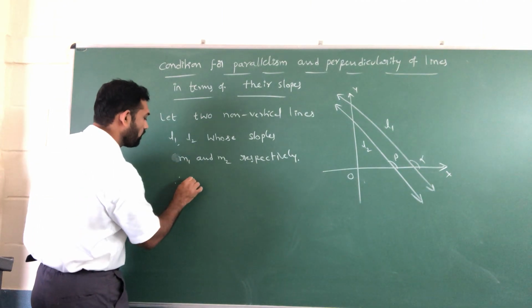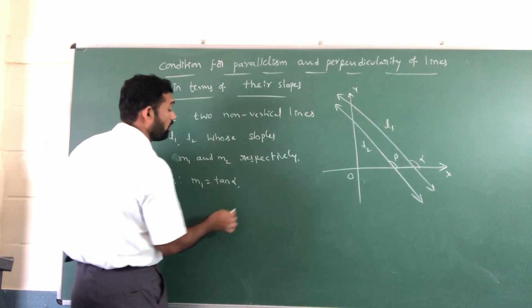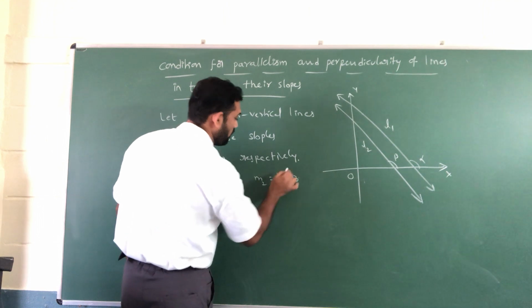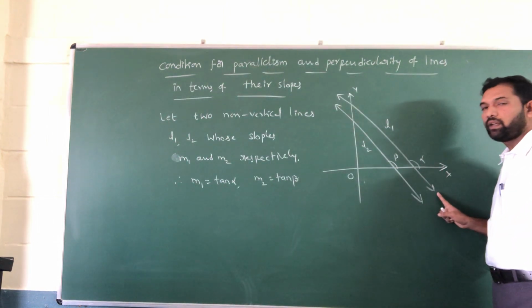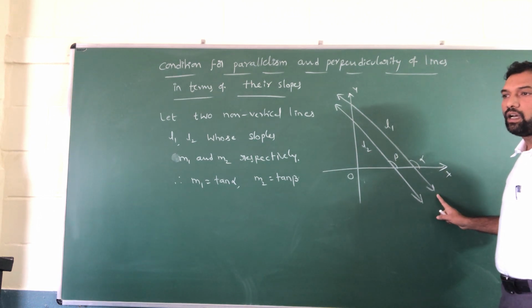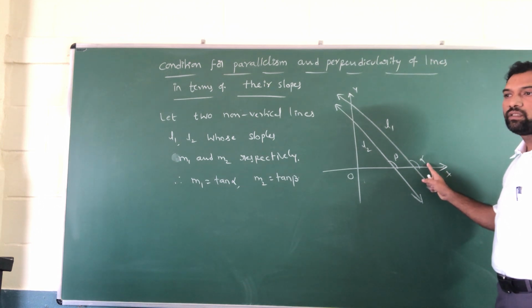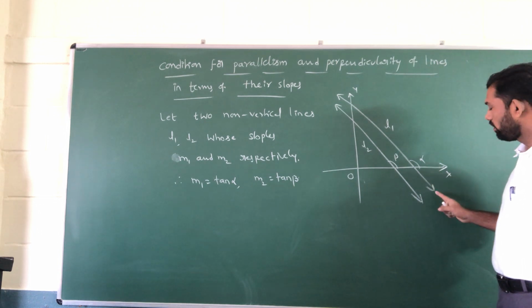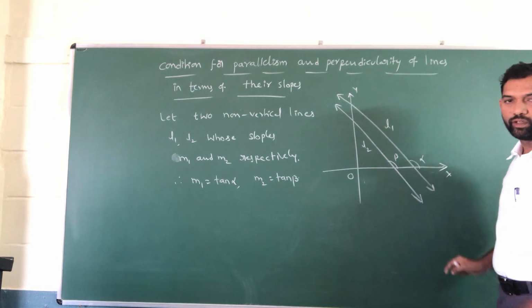m1 is nothing but tan alpha, m2 is nothing but tan beta. This line L1 making angle alpha with the positive direction of the x-axis, multiplied with tan, that is the slope, so tan alpha. That slope we generally denote by m, that's why I consider m1.